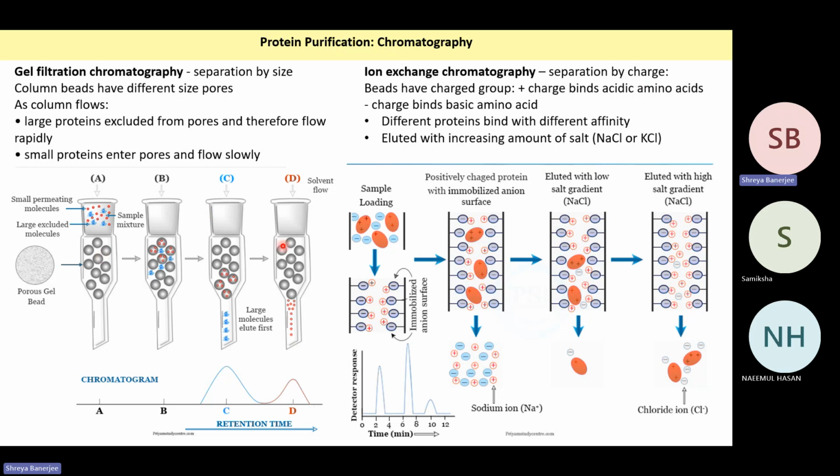So the entire concept is based on the size of the protein, and the beads that you are choosing will have to have an appropriate size such that only one protein will be absorbed on the bead and the rest will pass through. So for this also you need to have a good knowledge of the pore size in the beads and the protein size and so on.